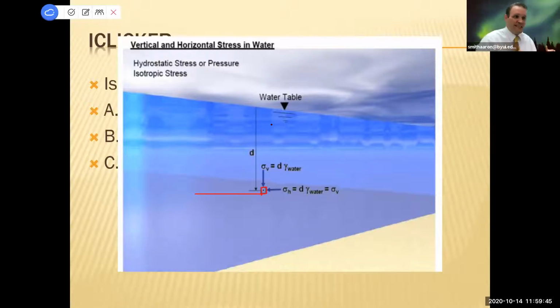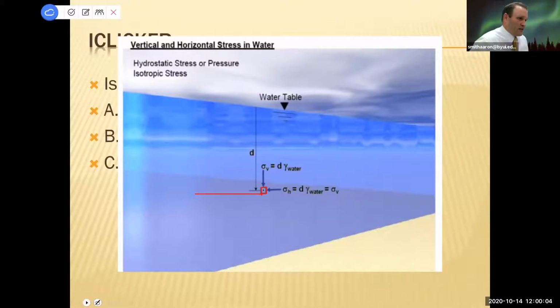So if you were 10 feet down, you would feel about 624 pounds of pressure, but the pressure that's acting vertically is equivalent to the horizontal. It's exactly the same. You can see these 2 equations are the same. That's because it's an isotropic material. So hydrostatic pressure, water pressure, is equivalent in all directions.